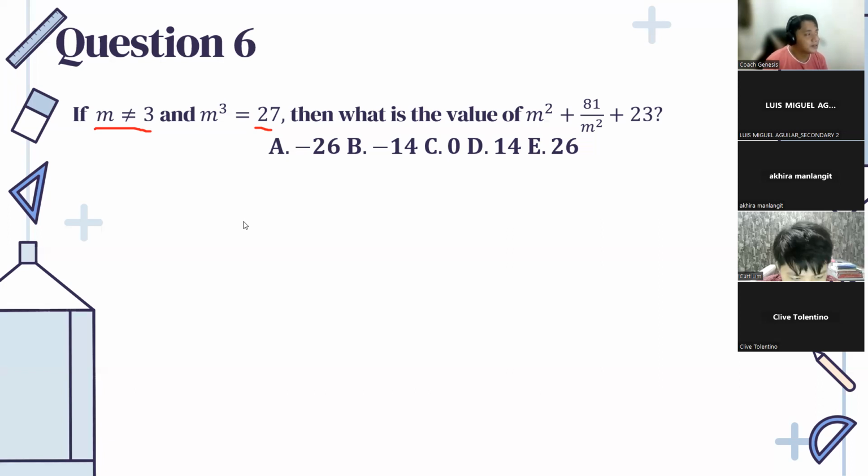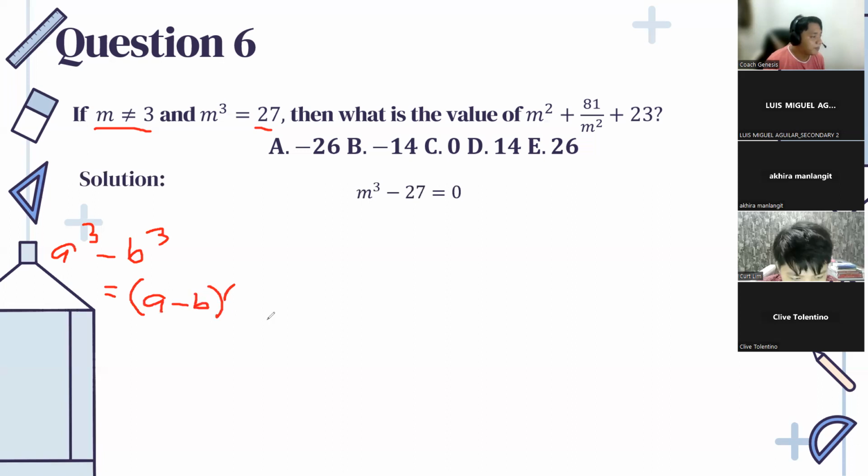So in this case, what we can do is we manipulate m cubed is equal to 27 into m cubed minus 27 is equal to 0. If you look closely, these are difference of two cubes. Now, the formula for difference of two cubes is if you have a cube minus b cube, that will just be equal to a minus b multiplied to a squared plus ab plus b squared. So that is what we're gonna do here.